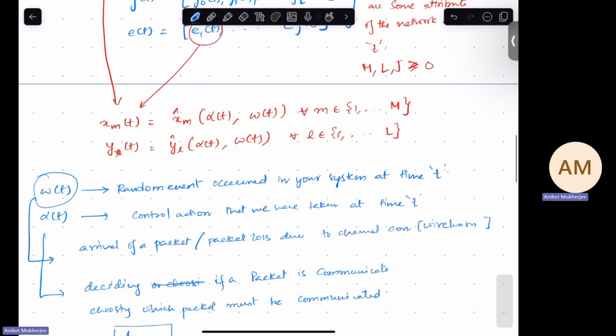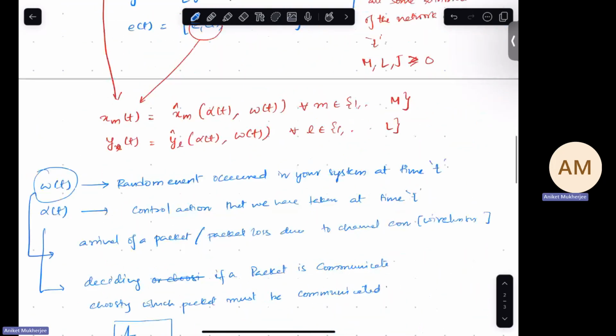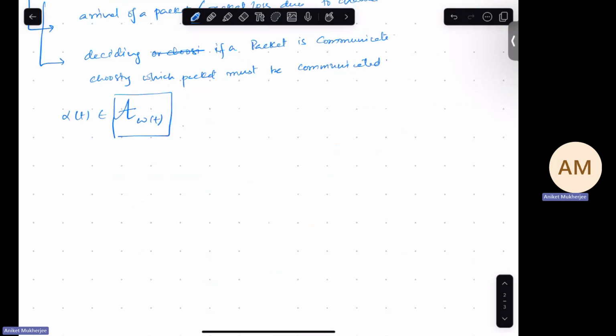So, okay, this is the basic general overview of how you mathematically model the whole network using queue backlogs and then generate attribute vectors for the networks with different attributes depending on the control action at time t and the randomness in the network at time t.